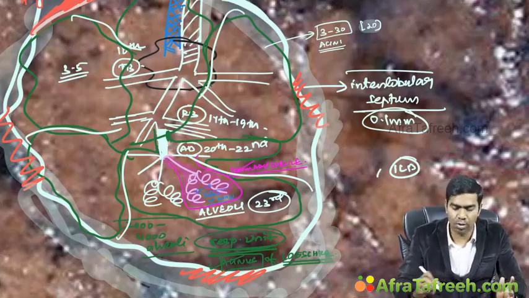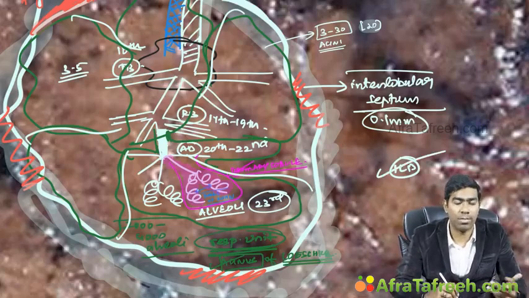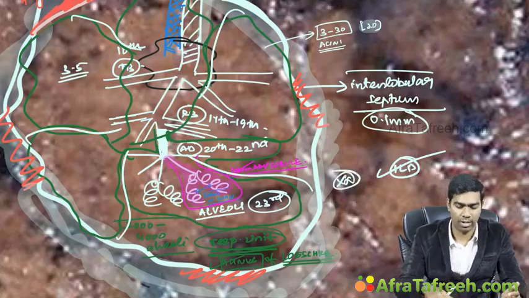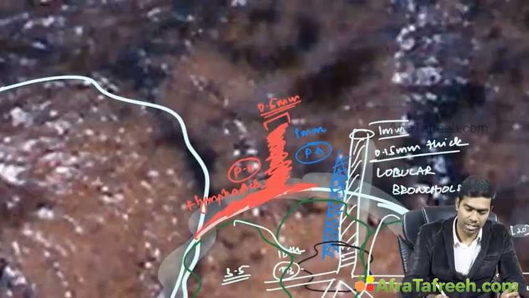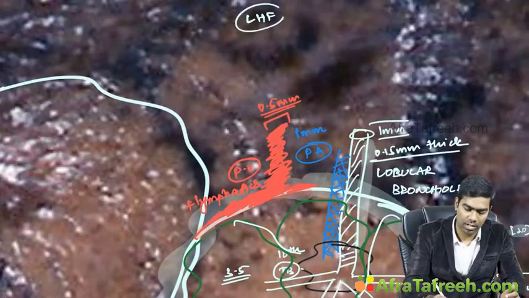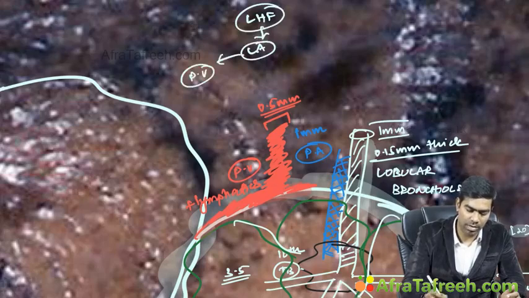All these things are due to thickening and fibrosis of the interlobular septum. That is the reason why this is a very important structure. At the same time, whenever there is left heart failure, blood will leak back into the left atrium, then back into the pulmonary veins, which is going to cause pulmonary venous congestion.